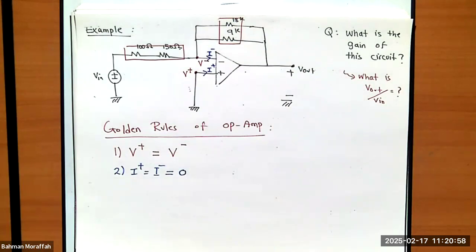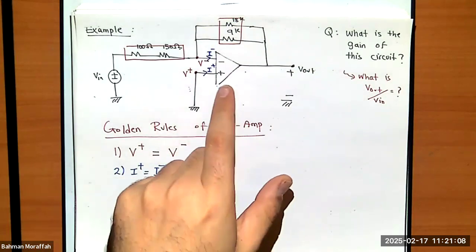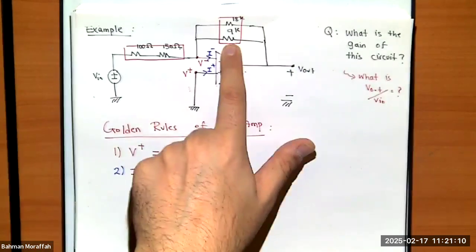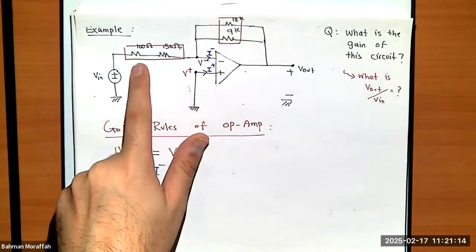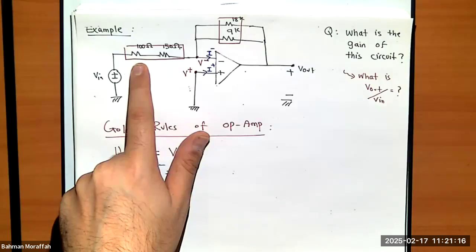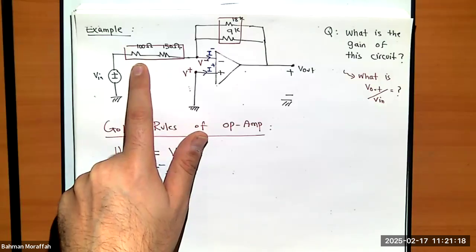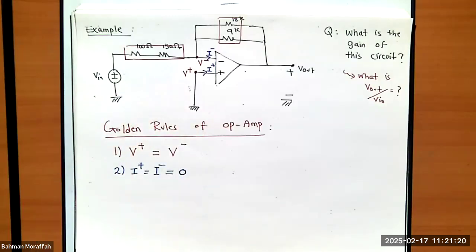It's an inverting op amp, right? And if it's an inverting op amp, I know exactly what the gain is. The gain is negative of this resistance, which is the combination of these two, over this resistance. So I know exactly what the gain is.